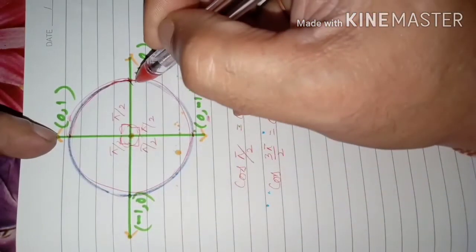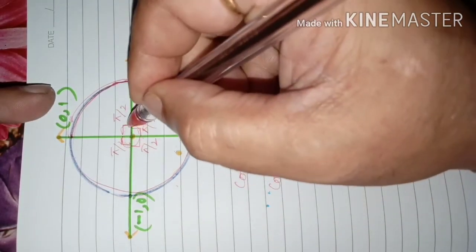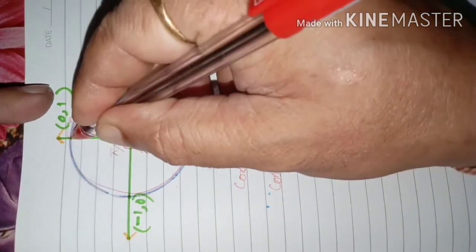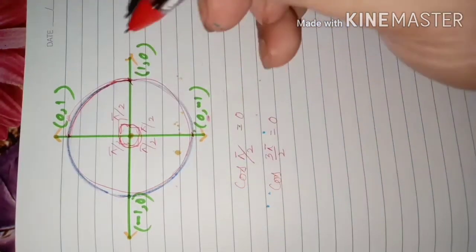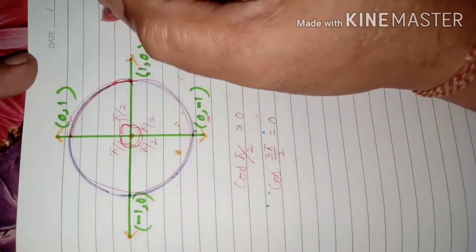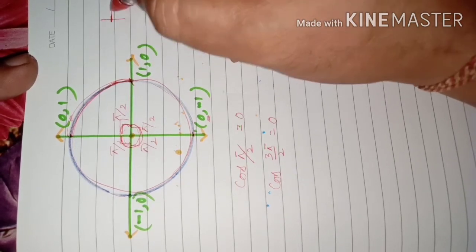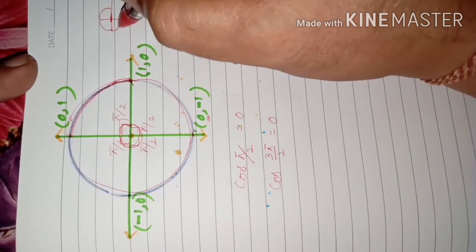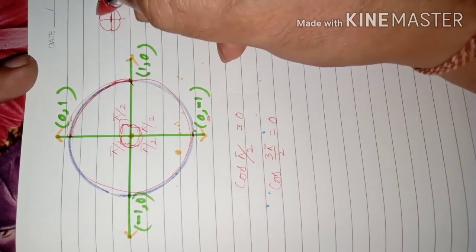Then how much angle has that long arc subtended? Already twice pi, plus one more part that subtends another pi/2. The total angle subtended by this arc at the center will be like this: pi/2, another pi/2, 3 pi/2, 4 pi/2, one more pi/2, 5 pi/2.